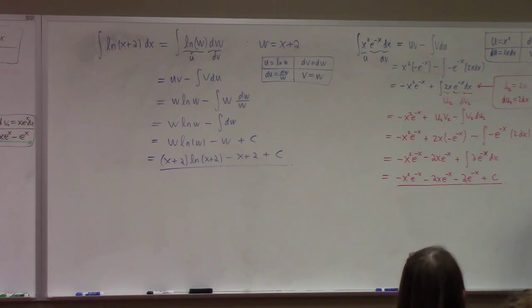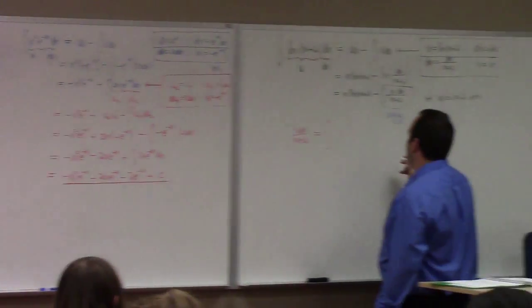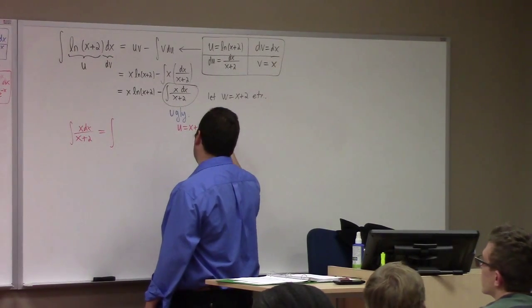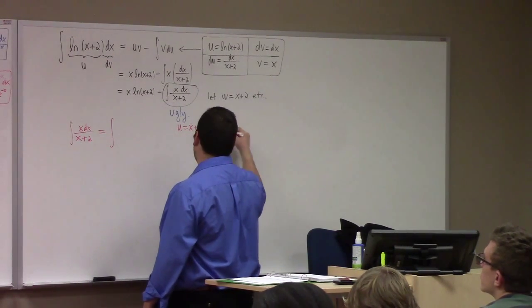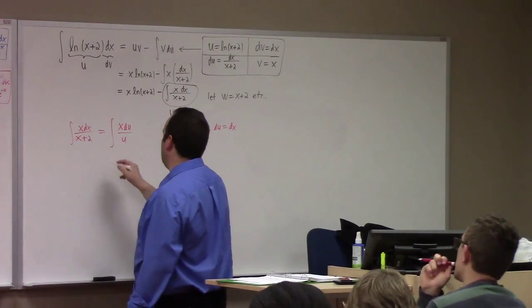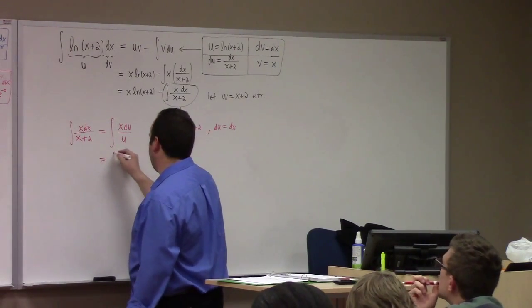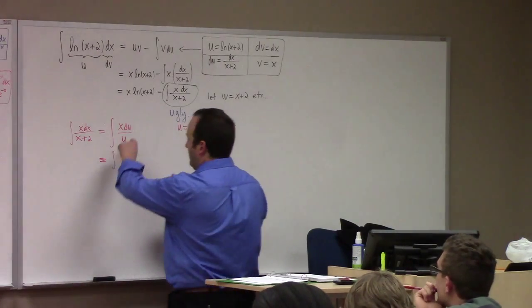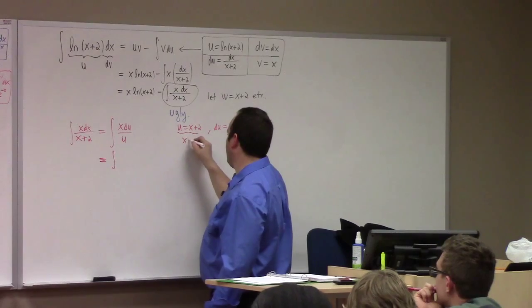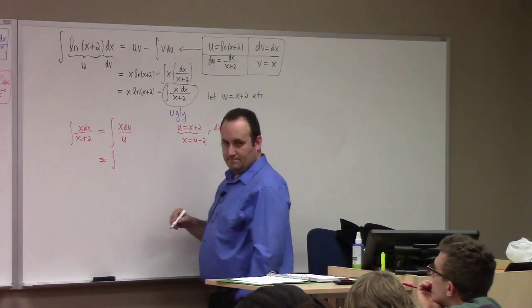Let's see here. Fine. So if u is equal to x plus 2, du is equal to dx, and we're left with x du over u. And what's that mean? That means you need to figure out what x is in terms of u. X is what? U minus 2.